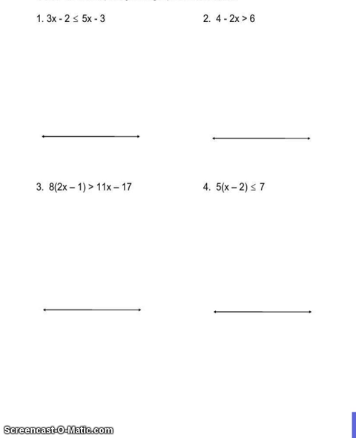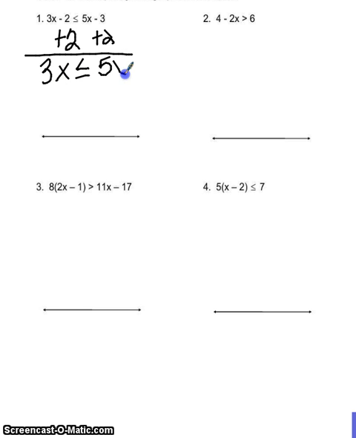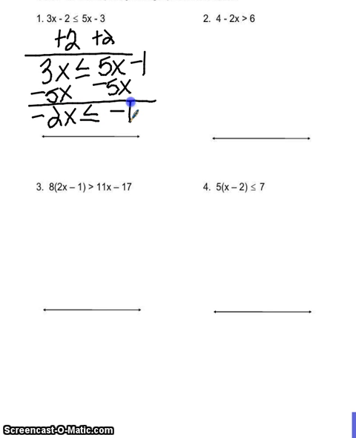Okay, so in problem number 1, I'm going to add 2 to both sides. Gives me 3x is less than or equal to 5x minus 1. And then I'm going to subtract 5x from both sides. So again, I haven't done anything differently. We're still solving our equations the same. So here I end up with a negative 2x is less than or equal to a negative 1.